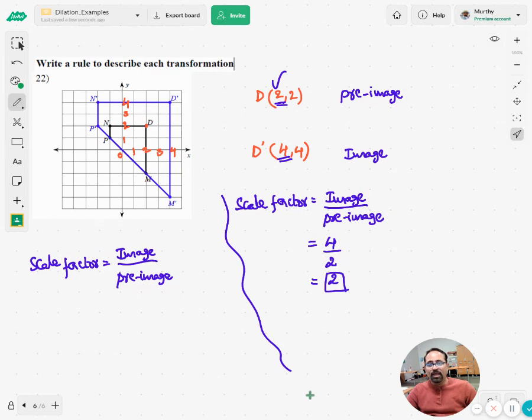Image means the end result, here N prime, P prime I'm taking. So N prime, P prime, that gives me, here I see that 2 blocks, and pre-image, the corresponding NP is 1. So 2 over 1, which is scale factor 2. You see that you take the points, or you take the length of line segment, still you get the same result. That's it.